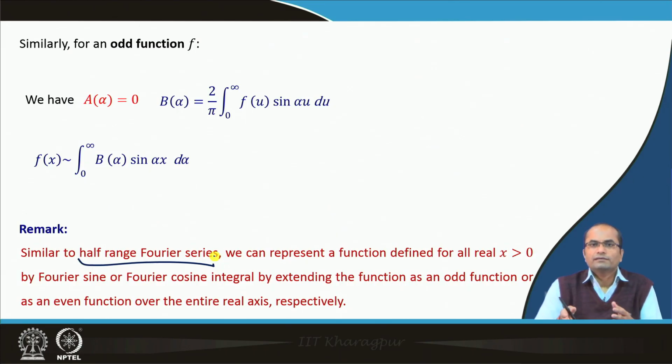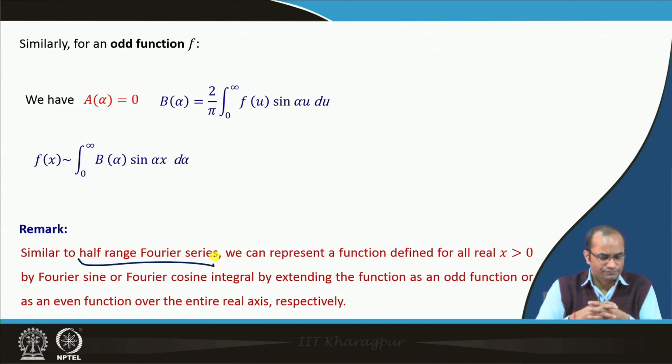Though we can have infinitely many extensions, we have chosen those two extensions to make the overall function on minus L to L even or odd, so that we get a simple representation as either a sine series or a cosine series, and both of them will represent the function given on 0 to L.